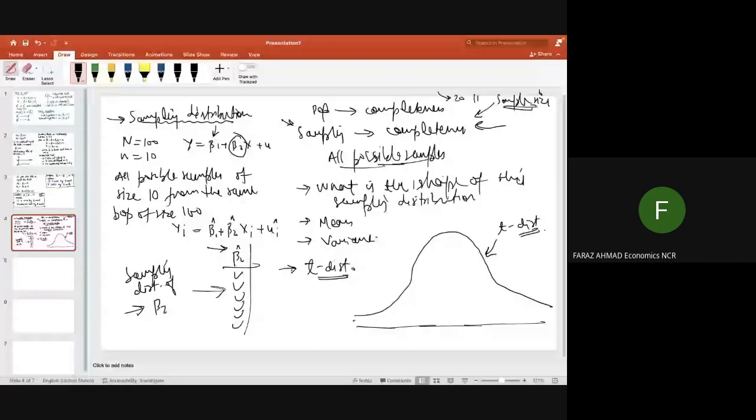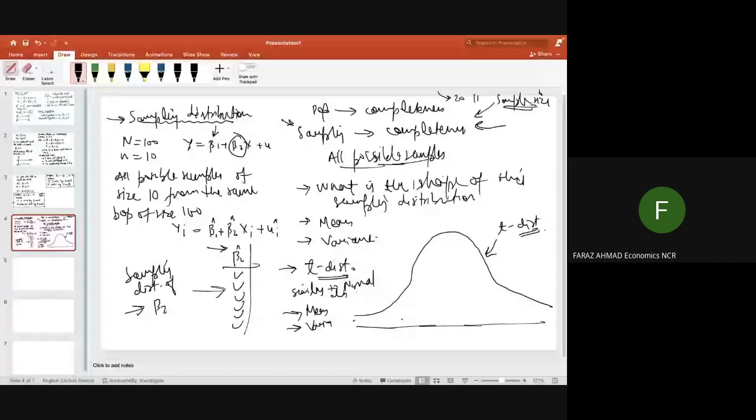So that follows a t distribution, and the t distribution is similar to the normal distribution. In fact, very similar. A normal distribution has two parameters, one is mean, another is variance. And a t distribution also has two parameters, mean and variance.